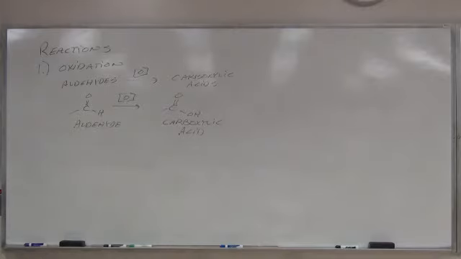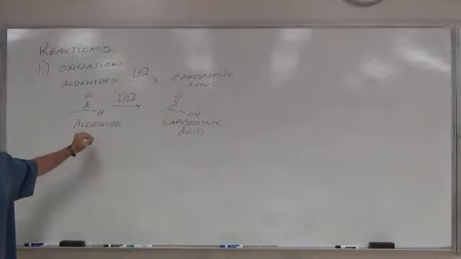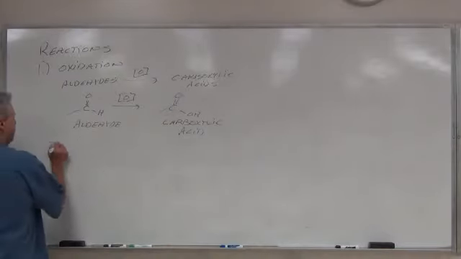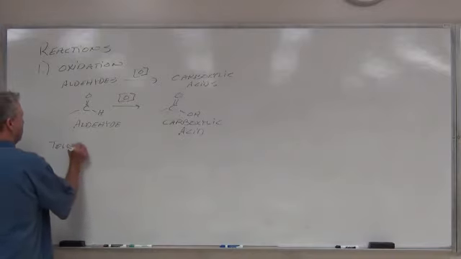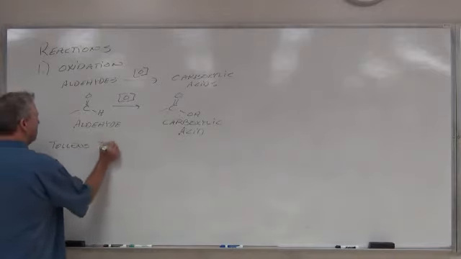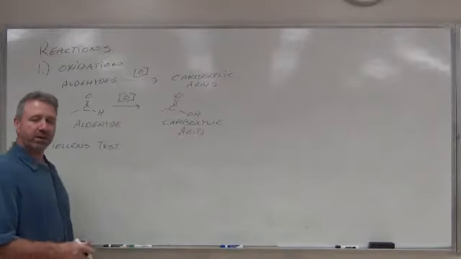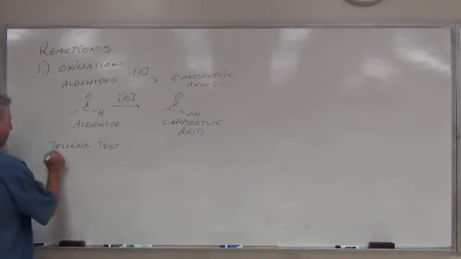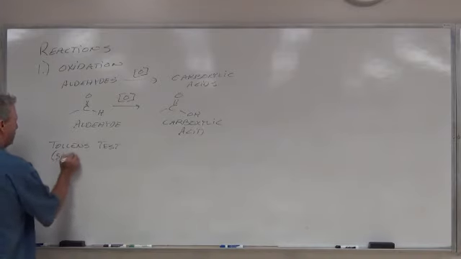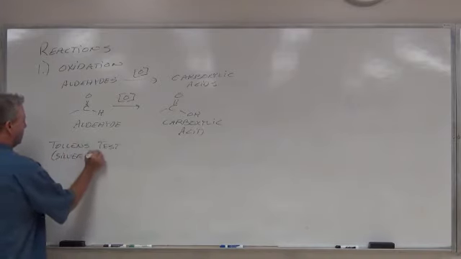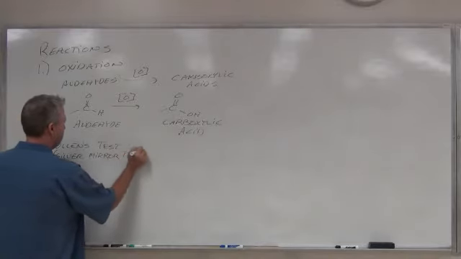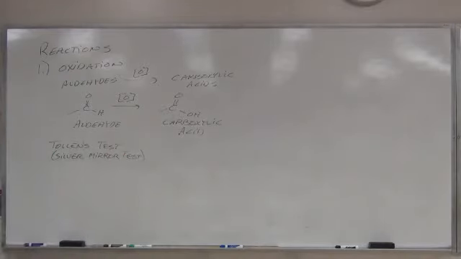A particularly common example of the oxidation of an aldehyde is Tollens' test, and we're going to be doing this in the laboratory. This is often called the silver mirror test.